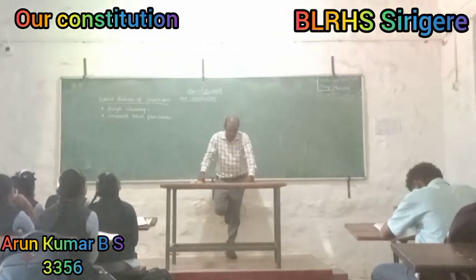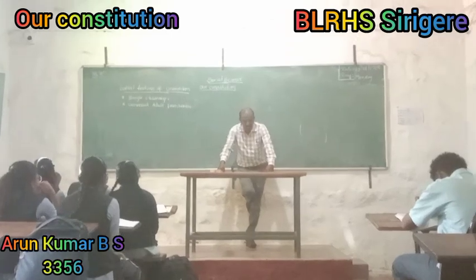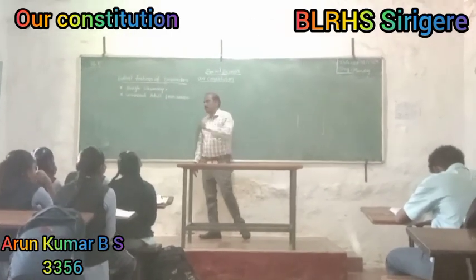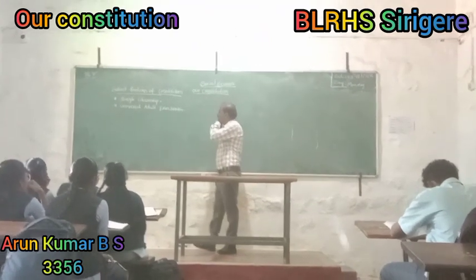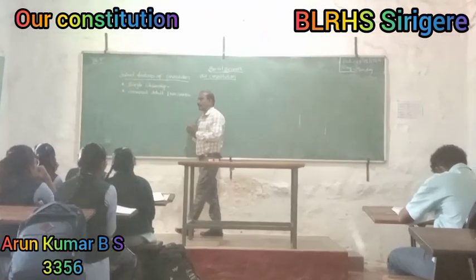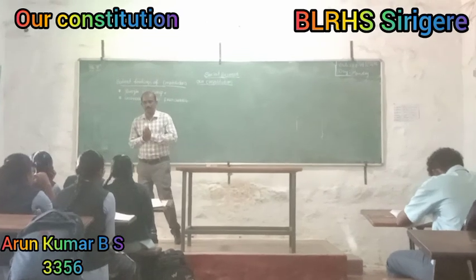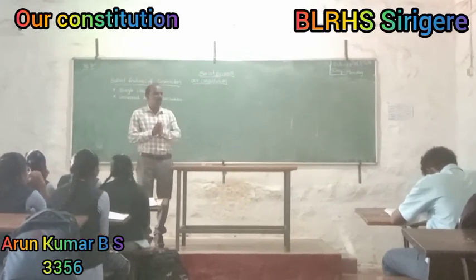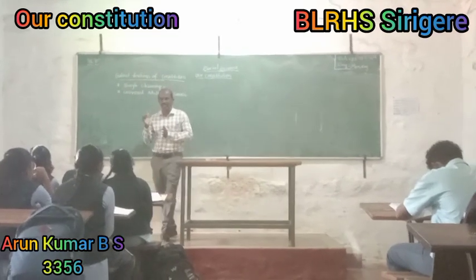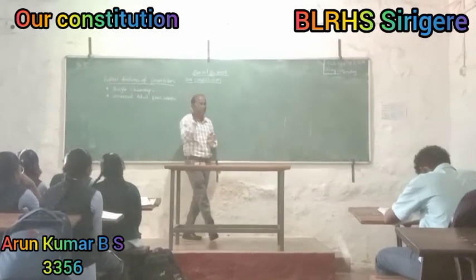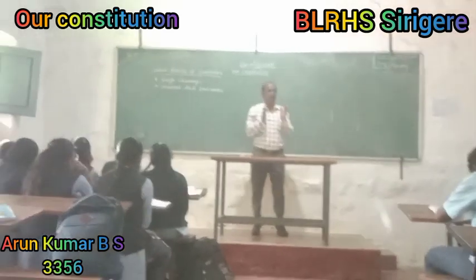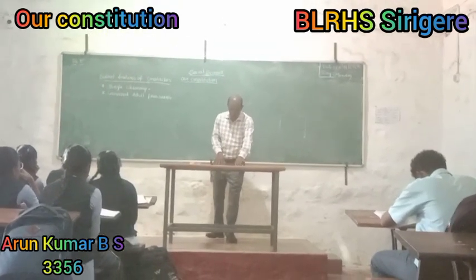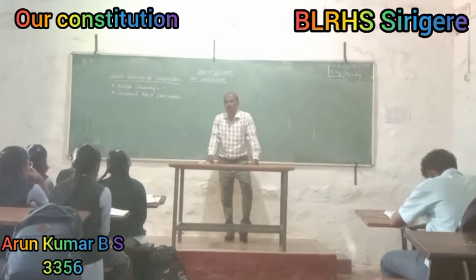They vote. It symbolizes the sovereignty, the absolute power of the people. The universal adult franchise means the constitution has given the power to all the Indians who are above the age of 18 to vote.